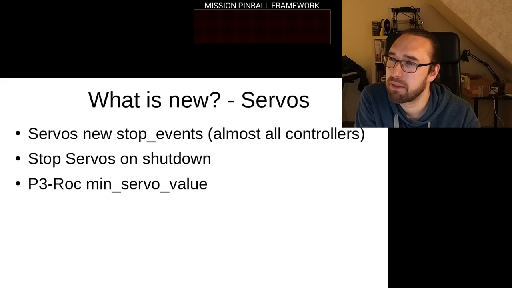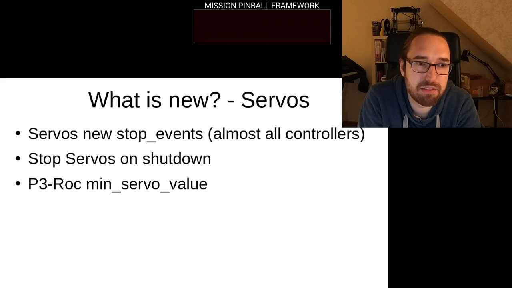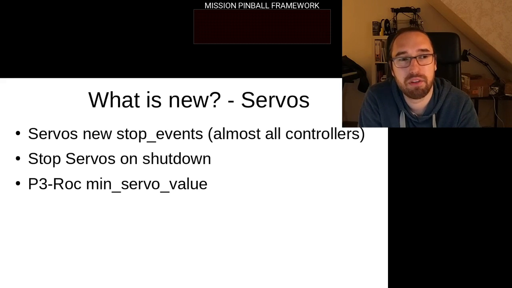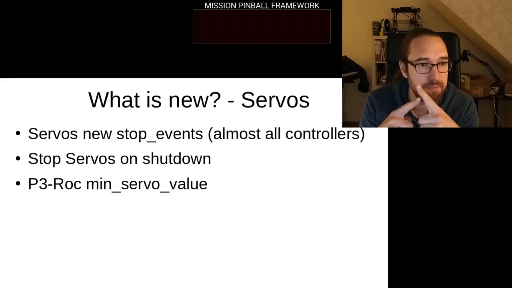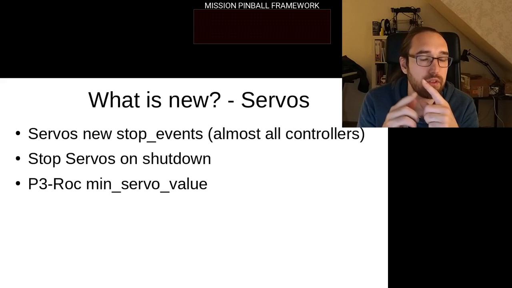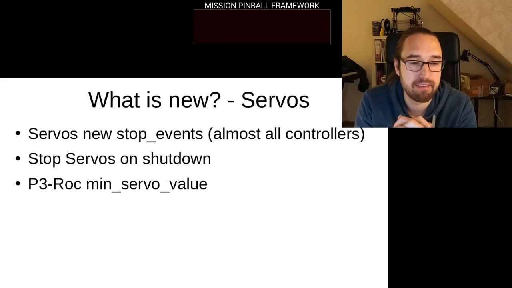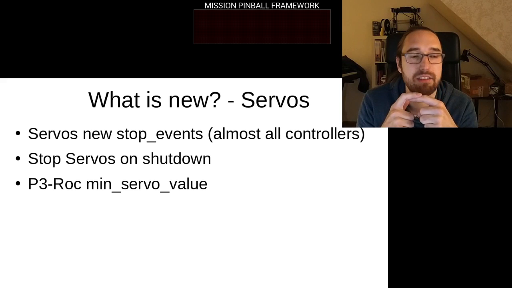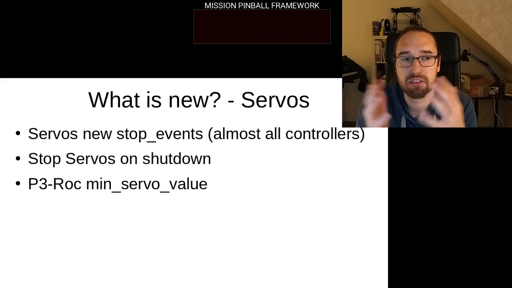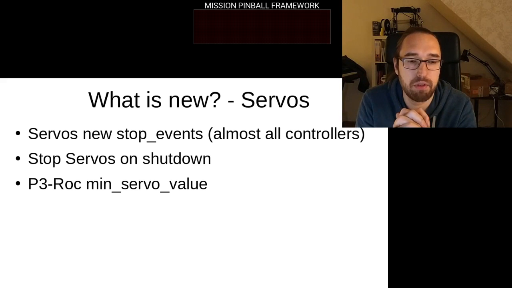Something which I showed in the last stream on servos is that we got these new stop events, which basically turn off the servo. Otherwise, a servo keeps its position, and if you stop the servo, you can freely move it. And as Coleman found out, it's really useful to have that in pinball machines, because otherwise, if a ball is stuck behind a servo, it will keep pushing until the servo burns at some point and breaks.